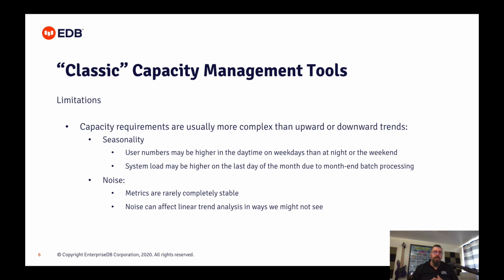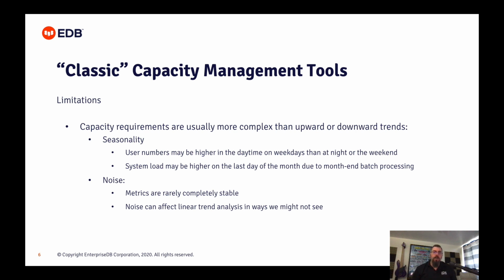One of the limitations with traditional capacity management is that requirements are generally more complex than simple upward or downward trends. A lot of the time we have seasonality, so user numbers may go up and down during the day. They may be higher in the daytime on weekdays than at night or the weekend. Or system load may be much higher on the last day of the month because we're doing month-end financial batch processing.